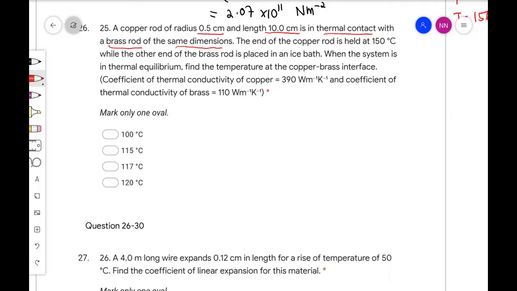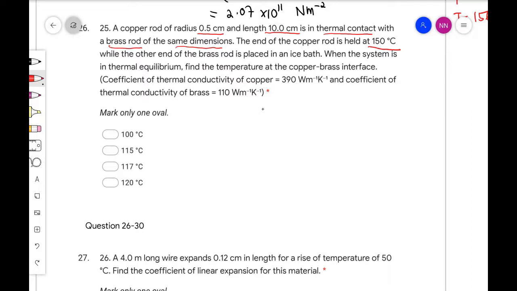The end of the copper rod is held at 150 degrees Celsius, while the other end of the brass rod is placed in an ice bath, that means at temperature 0 degrees Celsius. When the system is in thermal equilibrium, find the temperature at the copper brass interface.